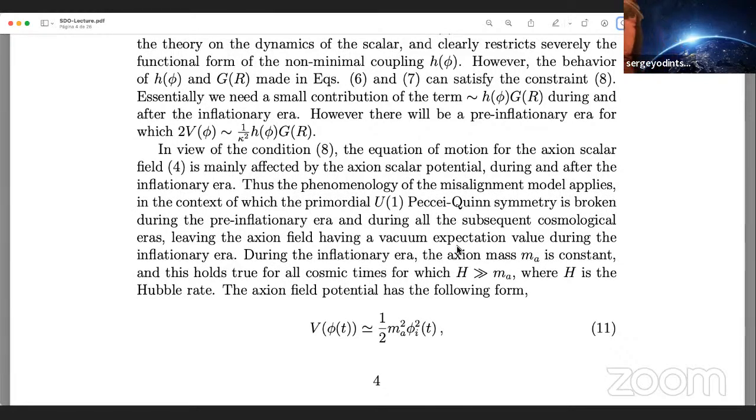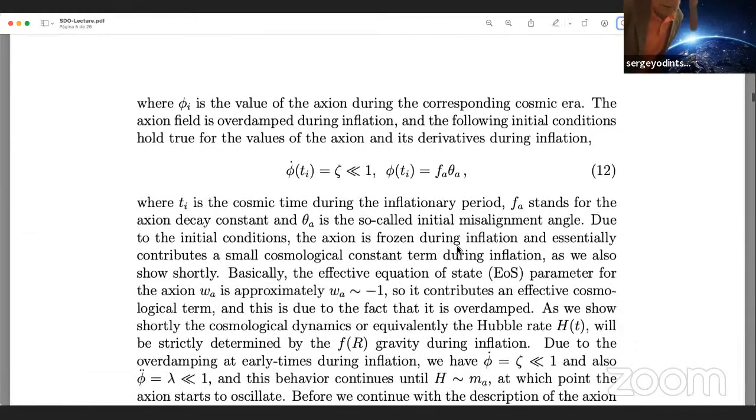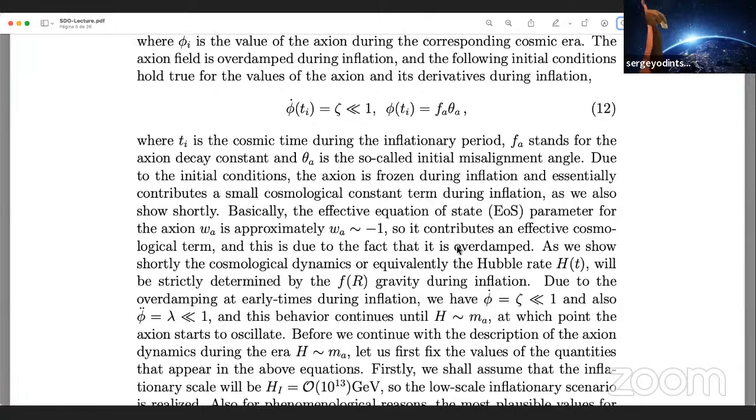By selecting the corresponding coefficient of the R² term, this influence is negligible. For cosmic times when the Hubble parameter is bigger than the axion mass, we consider the potential for the axion field, which is just a massive term, rewritten in terms of the so-called axion decay constant and initial misalignment angle.